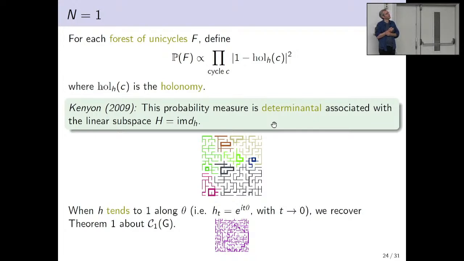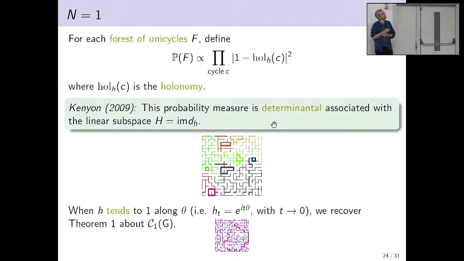And now define a probability measure which is proportional to the following weight. You take the product over all cycles, and for each cycle you compute the product of the h's, which is a complex number which we call the holonomy along that cycle. Take 1 minus that number, take the square, take the product. That's the weight, and define a probability measure.